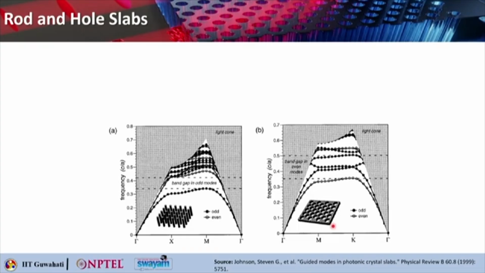Here the lack of translational symmetry in the vertical direction means that the states will not be purely TE or TM polarized. Instead, due to the presence of a horizontal symmetry plane bisecting the slabs, the guided modes can be classified according to whether they are even or odd with respect to reflections through this plane.